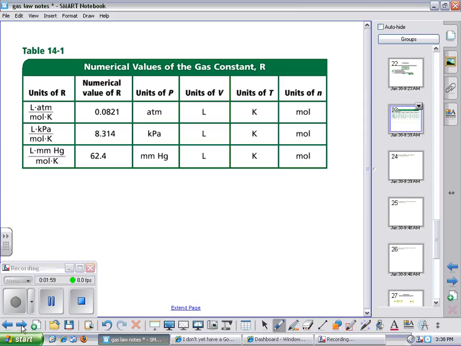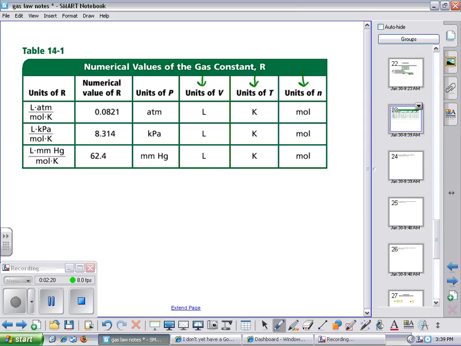So you can see here, volume has to be in liters, cannot be milliliters. Temperature has to be in Kelvin, just like it was in Charles' law and Gay-Lussac's law and the combined gas law. N has to be moles, so if it's measured in grams, you have to convert it to moles.